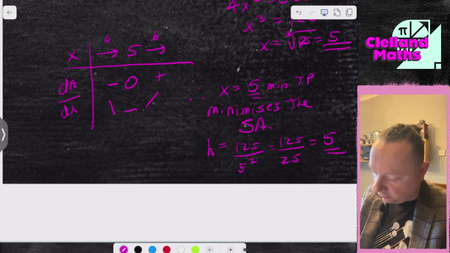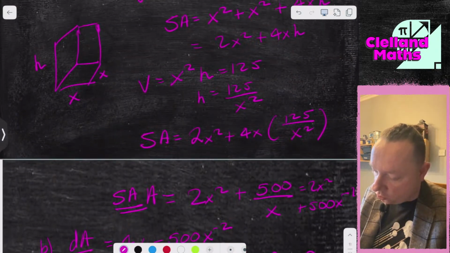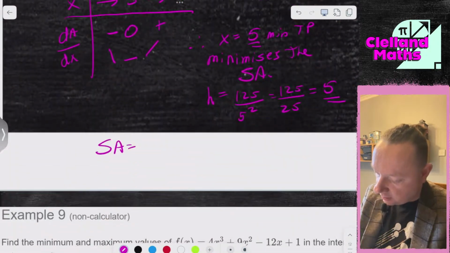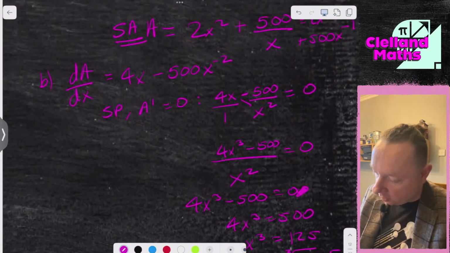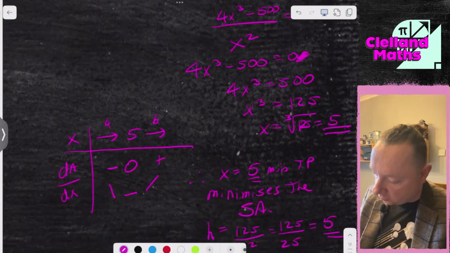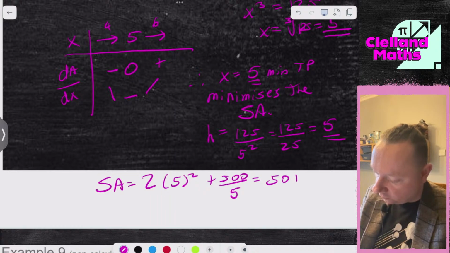So then our surface area, we had a formula for that, 2x squared plus 500 over x. So 2x squared with x as 5, I always forget as I go, plus 500 over x. 2 times 25 is 50. 500 over 5, 5 into 5 goes 1, is 100.